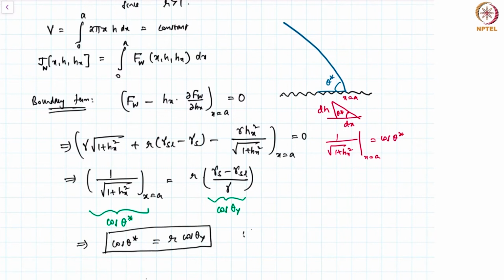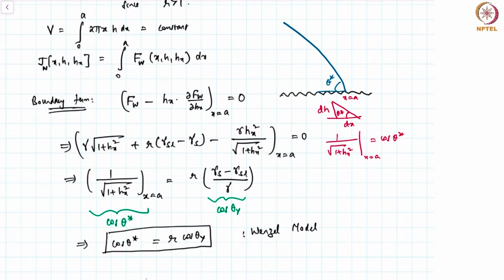This is the Wenzel model. The Wenzel model simply says, give me a rough surface of a roughness parameter r, and if the droplet is fully penetrating into the surface, if the liquid is penetrating into the surface and completely wetting the surface, then the cosine of the angle is simply r times cosine of the Young's angle, the equivalent one for a smooth surface.